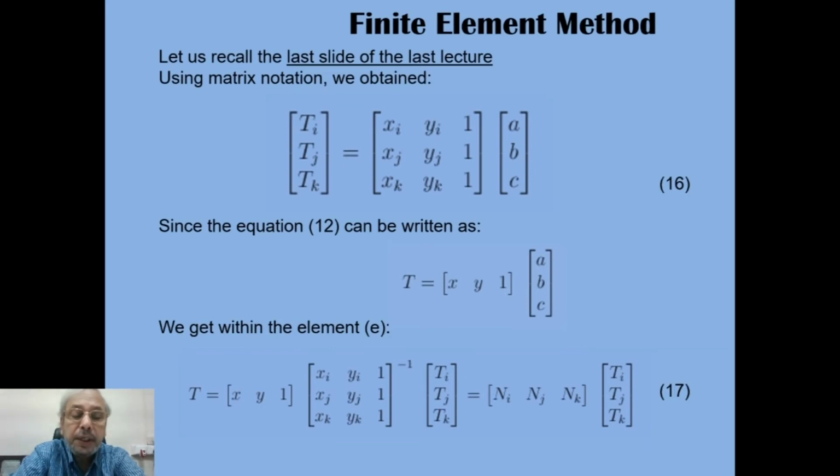So if we combine this, then we can say that T is defined as Ni, Nj, Nk, which is basically a row matrix, multiplied by the Ti, Tj, Tk column matrix. This is given by equation 17.